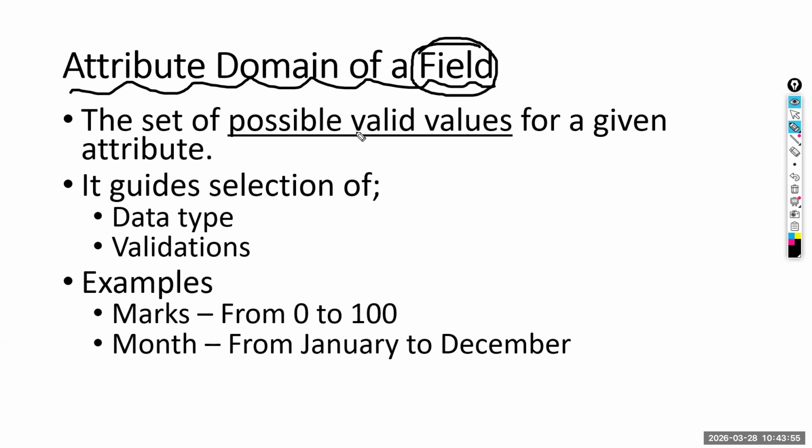Sometimes there can be an infinite number of values, like a name. A name can be anything. But if you take the grade of a student, maybe it's only A, B, C, and so on. So finite values. Something like name or price can have infinite possibilities for the attribute domain of a field.